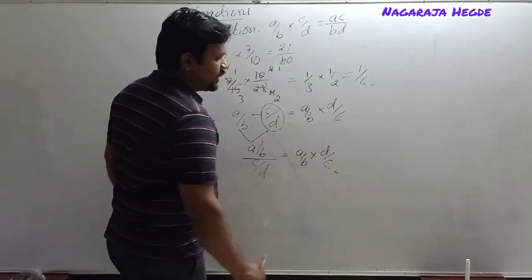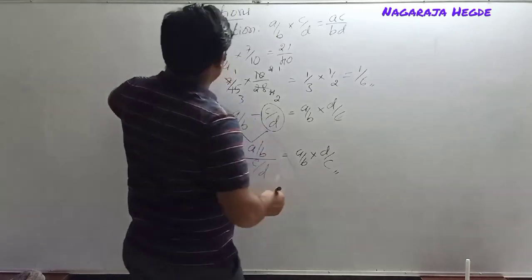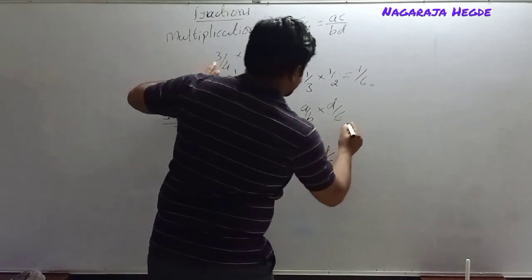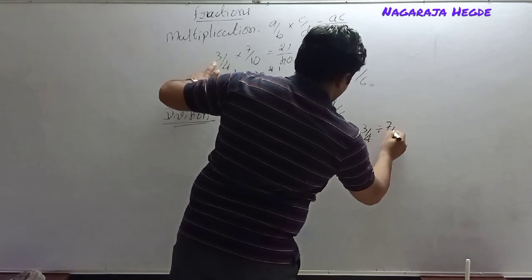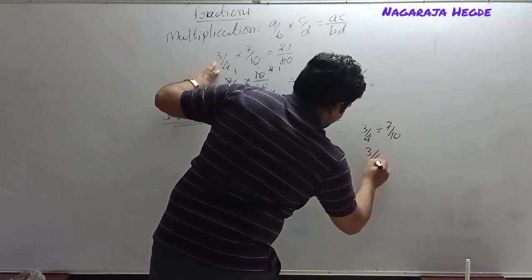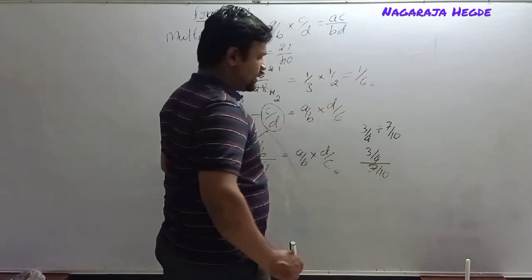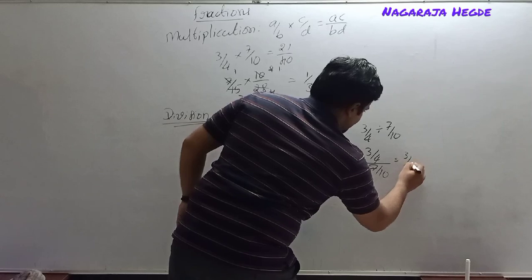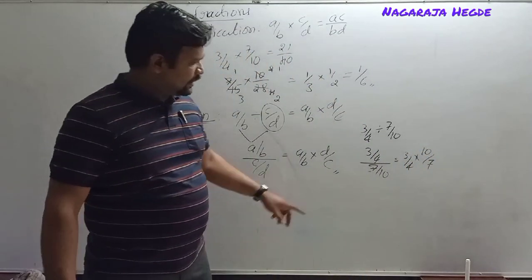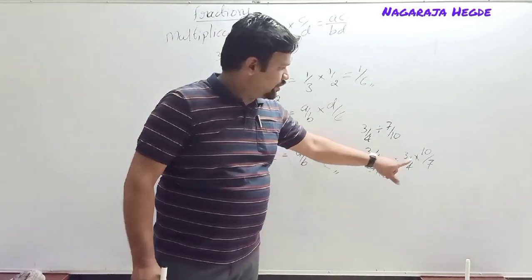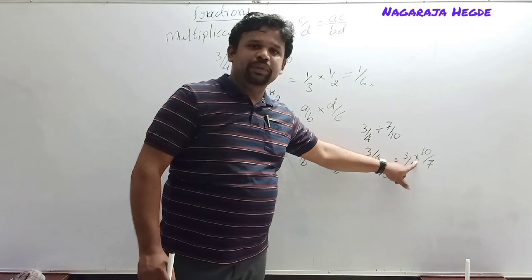So this is the way of doing division of two fractions. For example, let us take the same, 3 by 4 divided by 7 by 10. This can be written as 3 by 4 into 10 by 7. 7 by 10 becomes 10 by 7 and division is converted into multiplication.